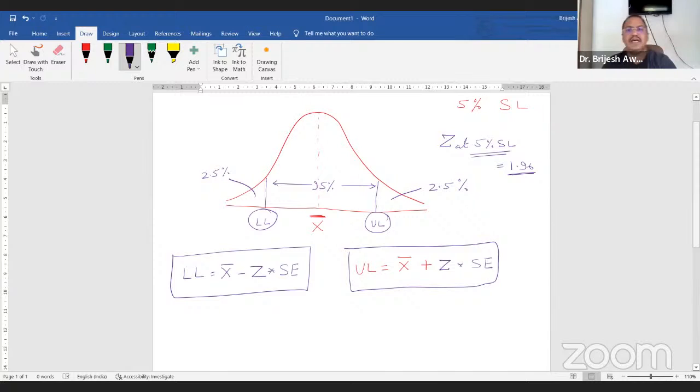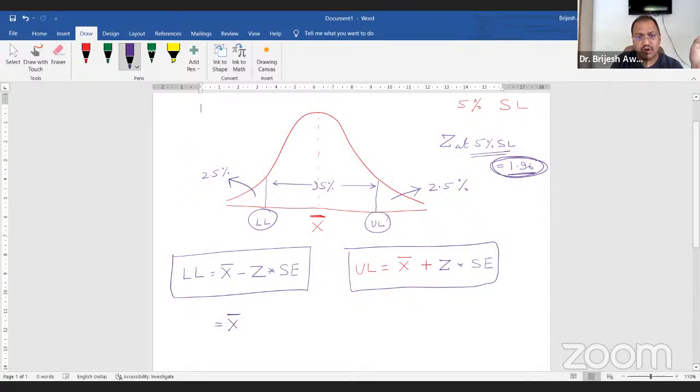You can see it in the student T distribution table also, when the population is infinite and the significance level is 5% for a two-tailed test. Why two-tailed? Because rejection is on the left-hand side as well as the right-hand side.